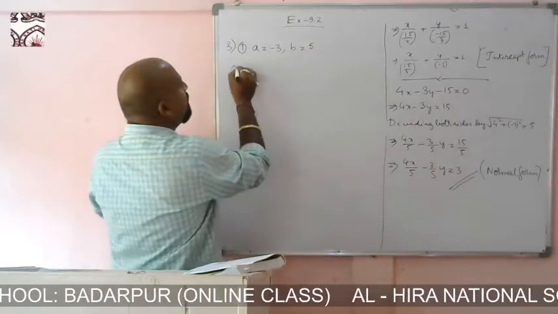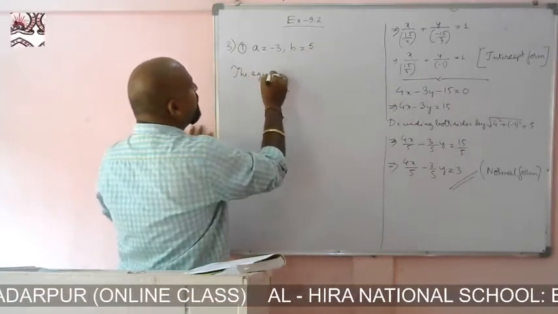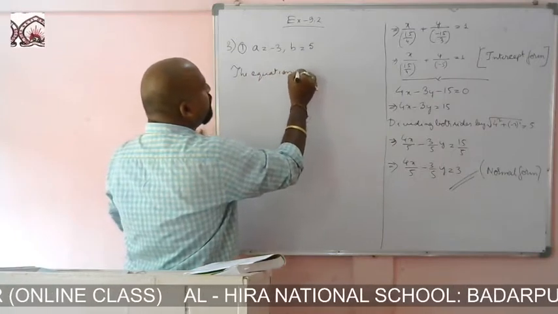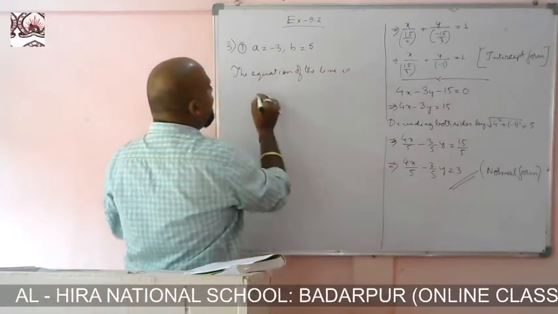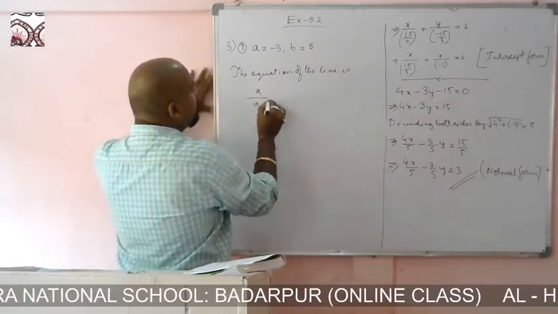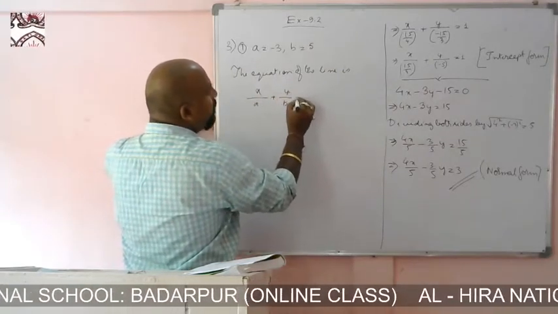Now the equation of the line is x by a plus y by b equals 1.